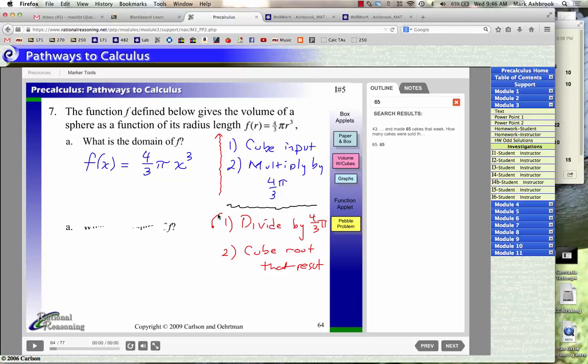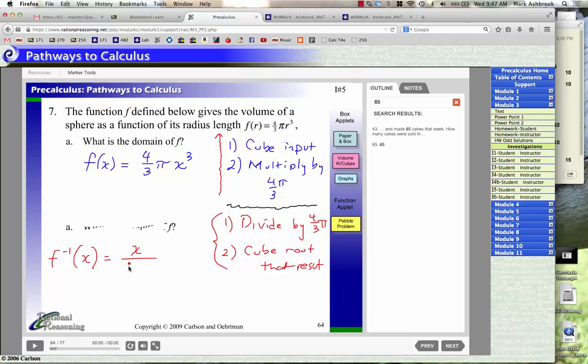So now, based on that set of instructions that undoes f, we're going to write f inverse. So what would f inverse be? F inverse of x. First of all, what's the quantity x represent in f inverse? Volume. Now x means volume in this function. So we're going to take x. What are we going to do first? Nope.